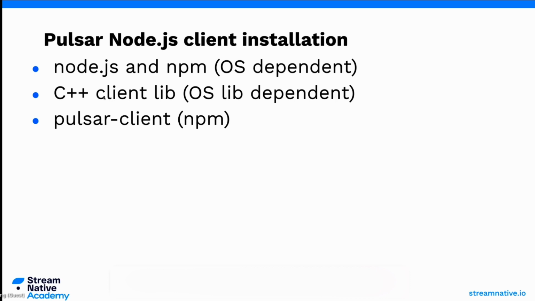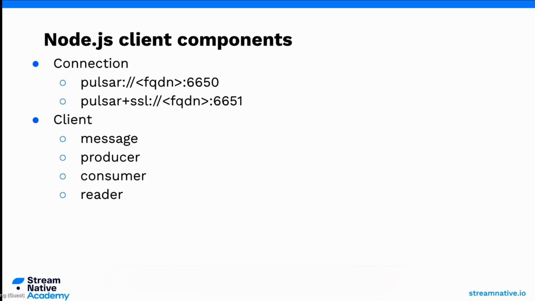For the C++ client library, you can refer to the Pulsar documentation to understand how to install the C++ client, right? Then you use npm to install the Pulsar client, so you will have the Pulsar Node client from npm. Then you are ready to write Node.js.